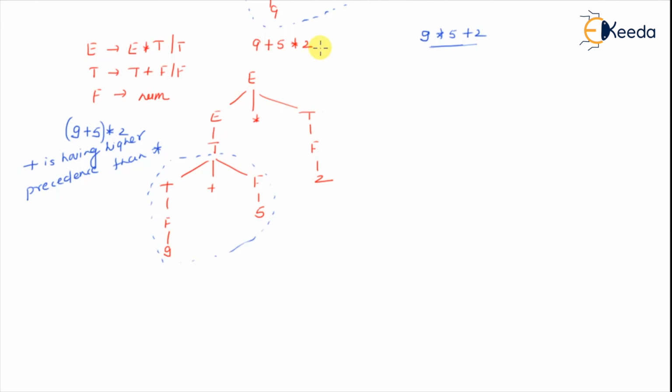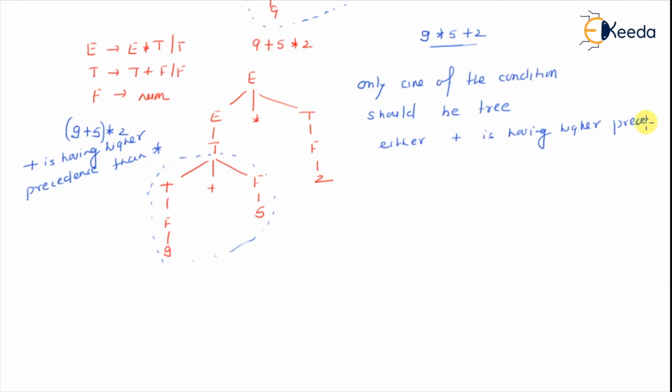But the only thing is that in every case, only one condition should be true: either plus has higher precedence or multiplication has higher precedence.